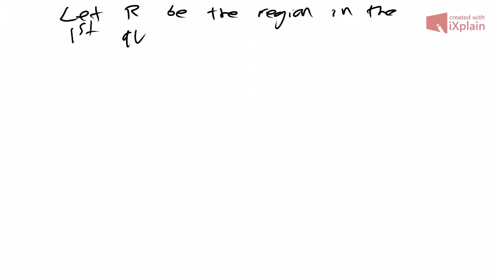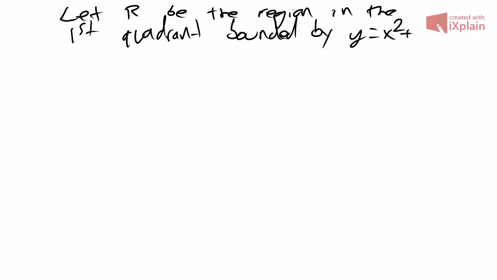Okay, so let R be the region in the first quadrant bounded by y equals x squared plus 1. Same curve there. x equals 1, which is also the same.